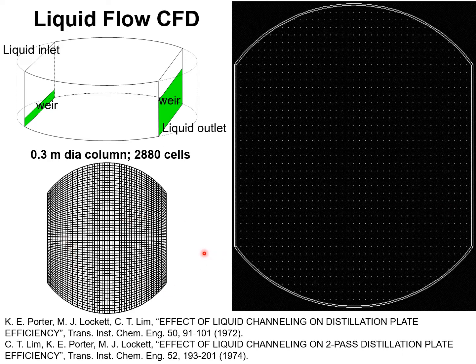And in this simulation, we assumed a two-dimensional approximation of liquid flow. In other words, the height of the liquid on the tray is just one computational cell. Let's have a look at the animation first.